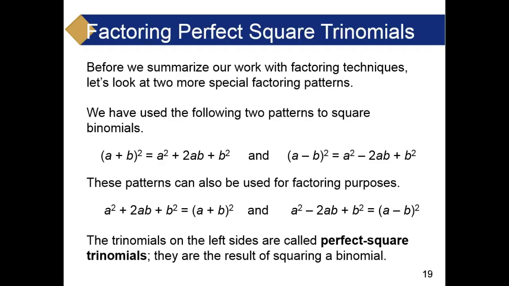But guess what? If you FOIL it, you get a plus b times a plus b. A times a is a squared, plus ab plus ab, twice ab, twice the product of those two, and then b squared. Okay? Even if that's a minus sign, a minus b times a minus b, a times a is a squared, then minus, let me write it down because I know waving a finger won't work too well.